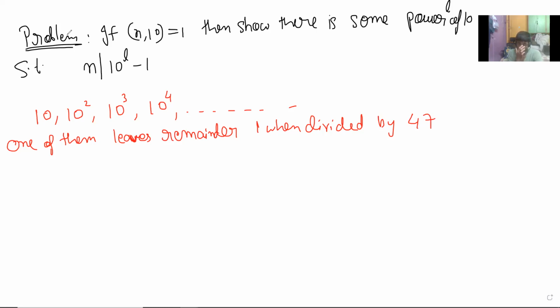This is a very interesting application. Many problems of divisibility that are done by Pigeonhole principle all have this similar idea that you will see here. So it's a theme in that sense.